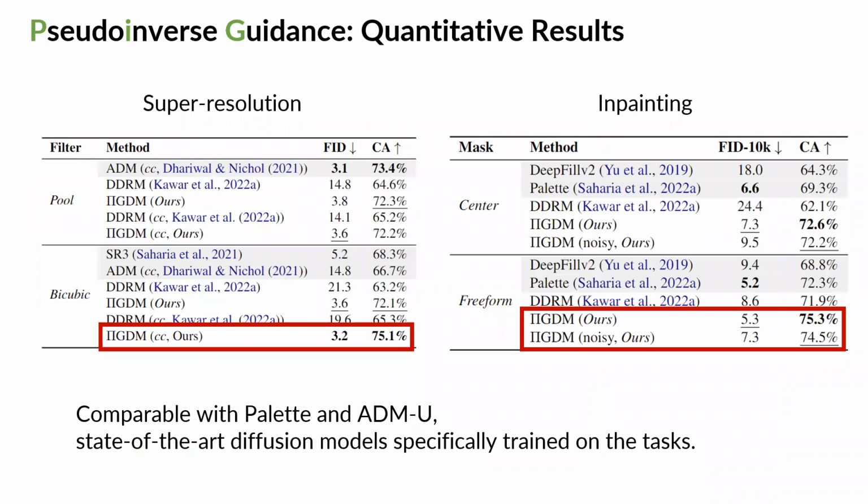Numerically speaking, we compare with methods that are trained specifically on particular tasks. For example, here the gray rows are methods that are trained specifically for the super resolution task. ADM is trained on super resolution, but interestingly, the ADM method is only trained on this block averaging filter, which we call pool here, and it's not trained on the slightly different type of downsampling, which is bicubic.